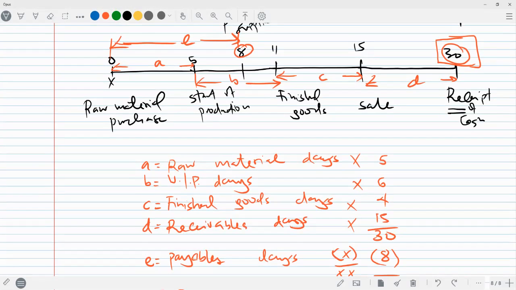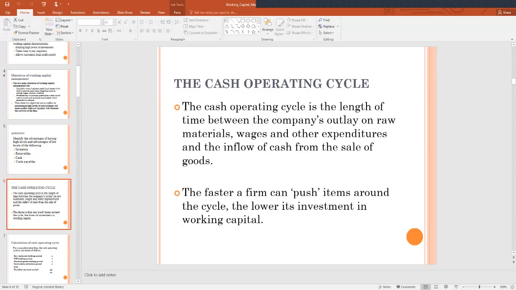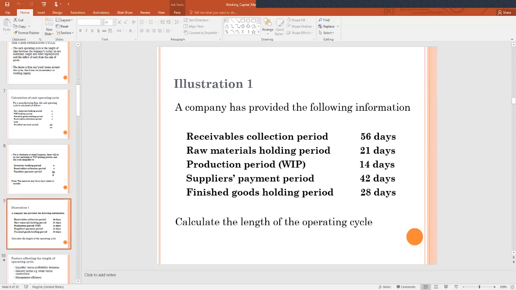Any question on the cycle? It was very clear. Okay, let's do an example here for the cycle.